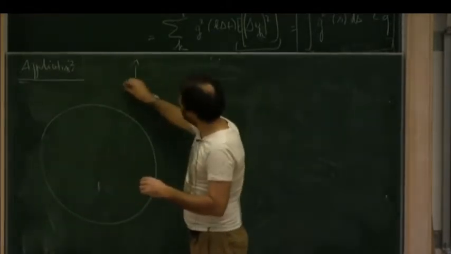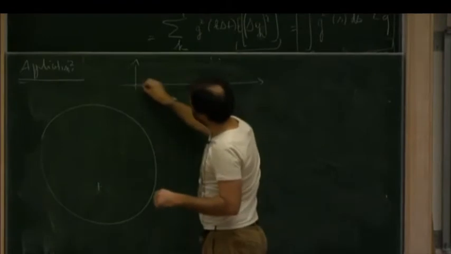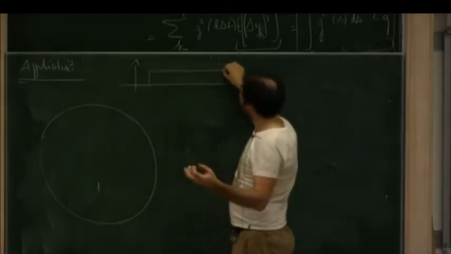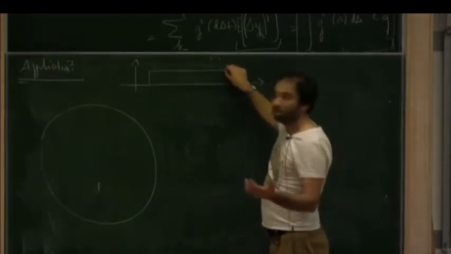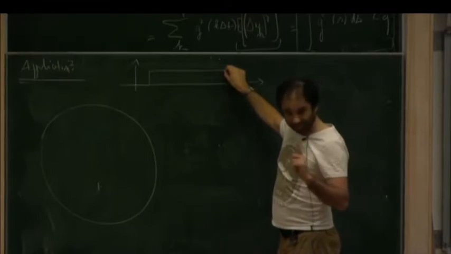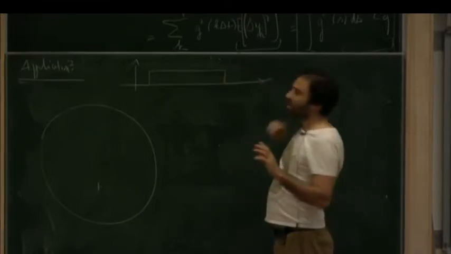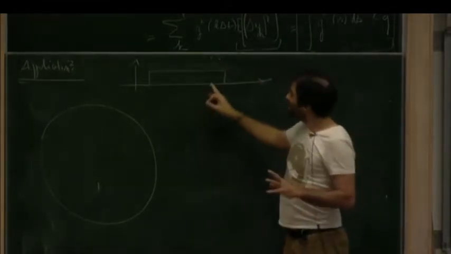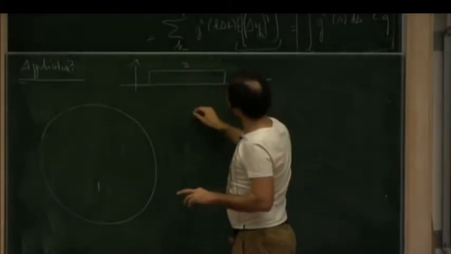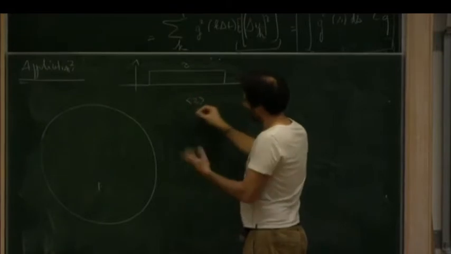So this is time. This molecule starts to be activated here. It is activated for a random time, Poissonian time. And then it is shut down. So this is a time, tau, and you can have a mean time.